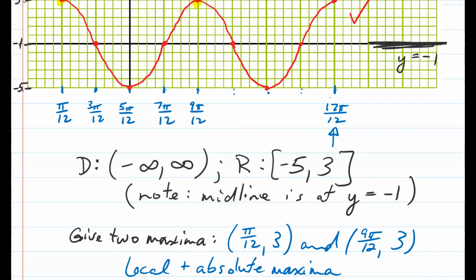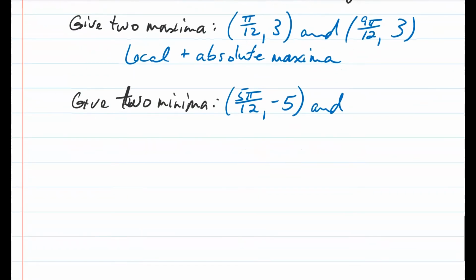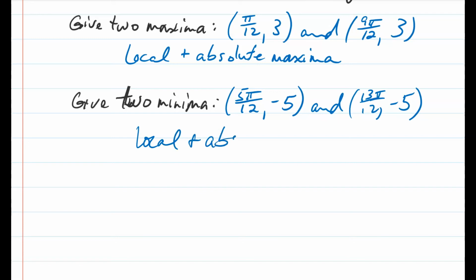But this is 9, 11, 13 pi/12 is our other angle. Not 13 over pi, 13 pi over 12. And the value again is -5, and these are local and absolute minima. And again, there are an infinite number of minima on a sine or cosine graph.